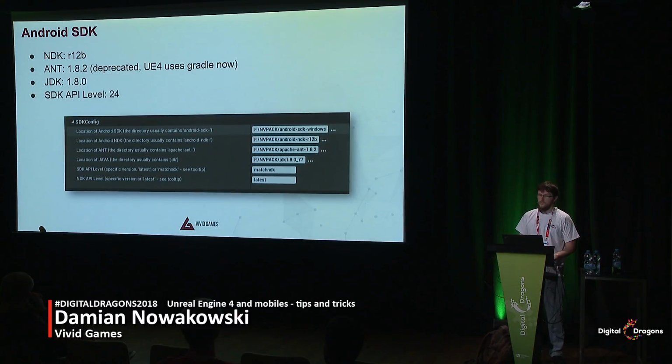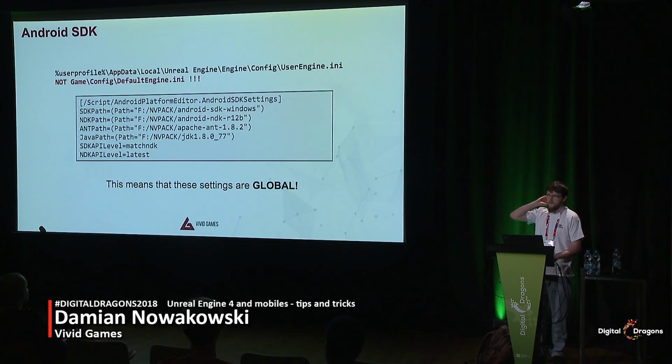If you want to use the newest versions of the SDK, you will have to dig around and modify your engine a little. The most important thing is that you should always use SDK level 24. If you want to update this, you will have to spend a little more time.